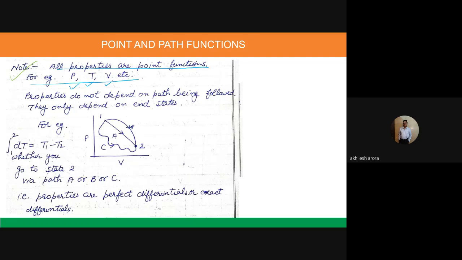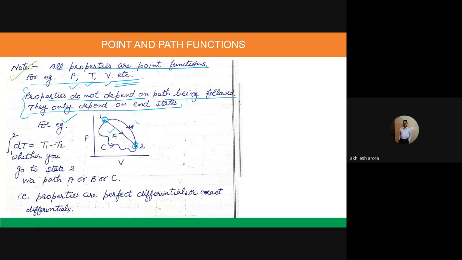Pressure, volume, temperature, etc. All these are point functions. Properties do not depend upon the path being followed. They only depend upon end states. For example, let us see, if this is the state point 1 and this is the state point 2, there are 3 paths. What are these 3 paths? One path is A: you go along A from 1 to 2.